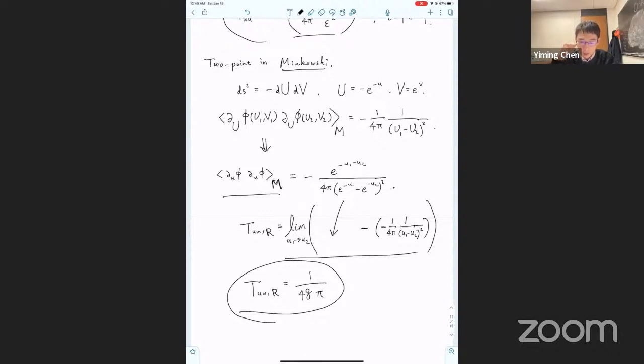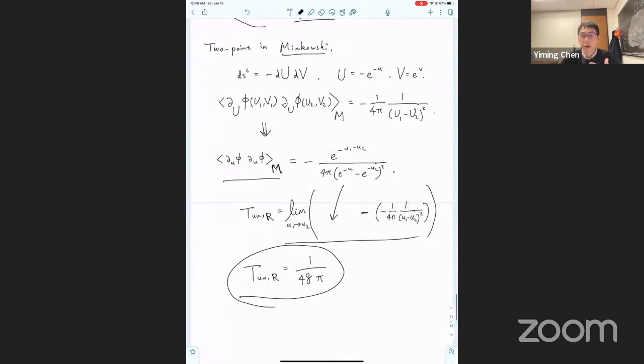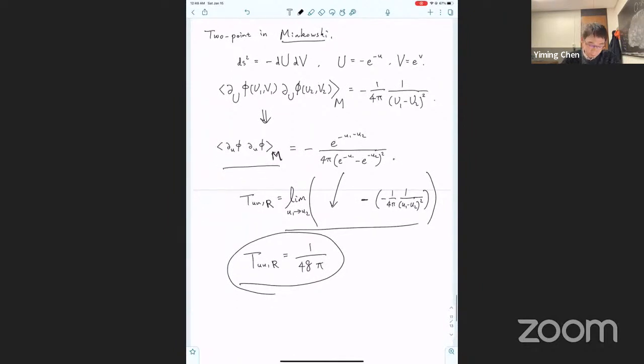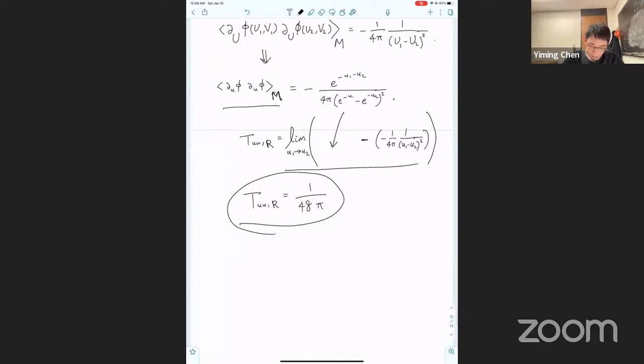This is just saying that if we are physically a Rindler observer and we measure with respect to our own vacuum, then the Minkowski vacuum relative to the Rindler vacuum has this finite energy. And we can check that this is the right answer, consistent with the temperature.